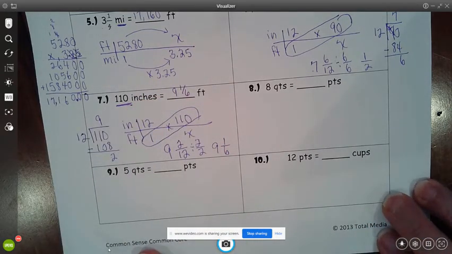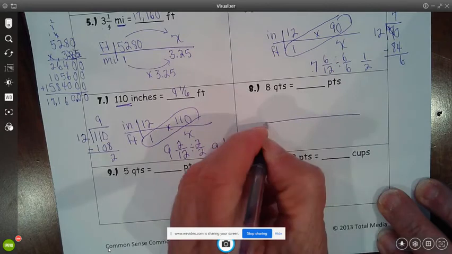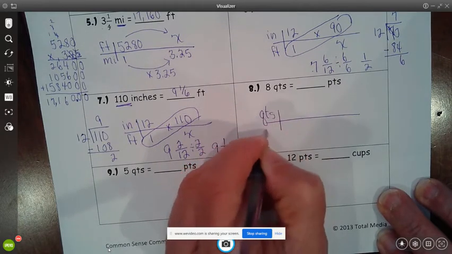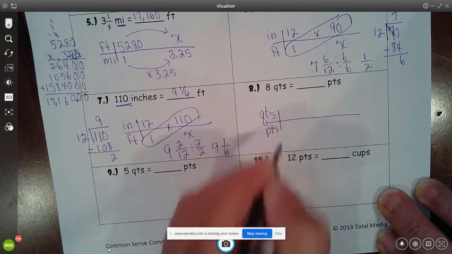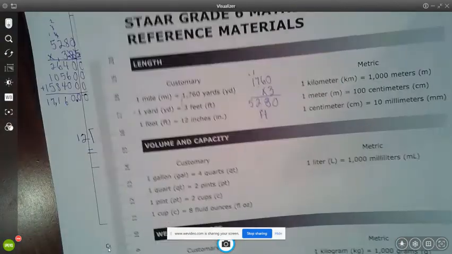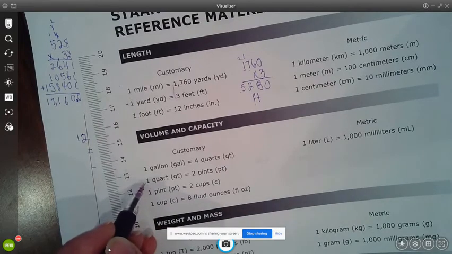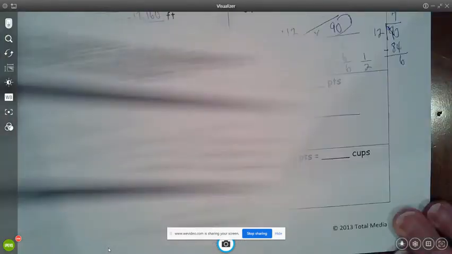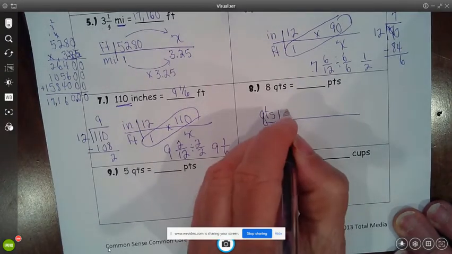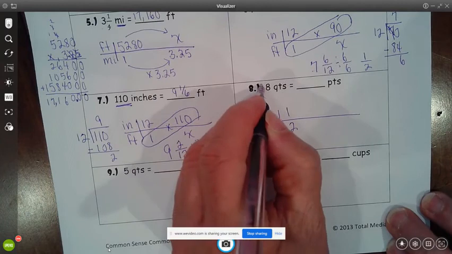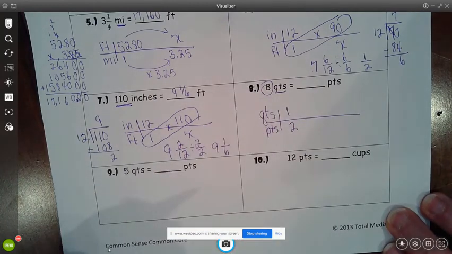Okay, we've got a different unit of measurement now. We haven't done quarts and pints. So I'm going to pull my chart. 1 quart is 2 pints. Got to plug that in first, and then place my third number with quarts.